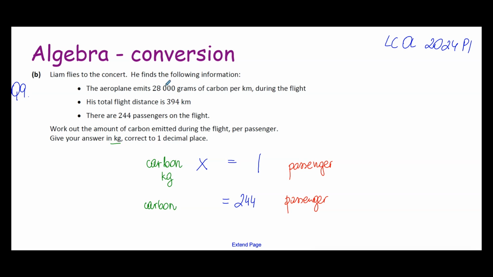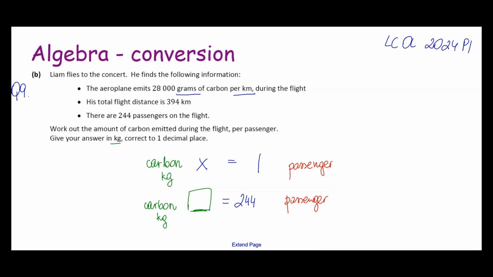We know that the plane does 28,000 grams per kilometer, not per passenger. So I need carbon in kilograms. That's one item we are missing, and therefore I can give the final answer. So how can I find carbon in kilograms? First of all, per passenger.